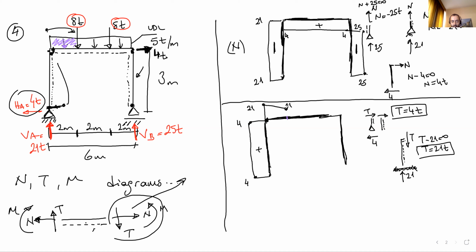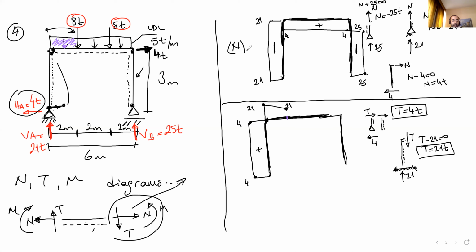Why I've just connected these 2 points with a line: since there is a uniform distributed load in the purple shaded area, the shear force diagram is linear. We connect these 2 points with a line.